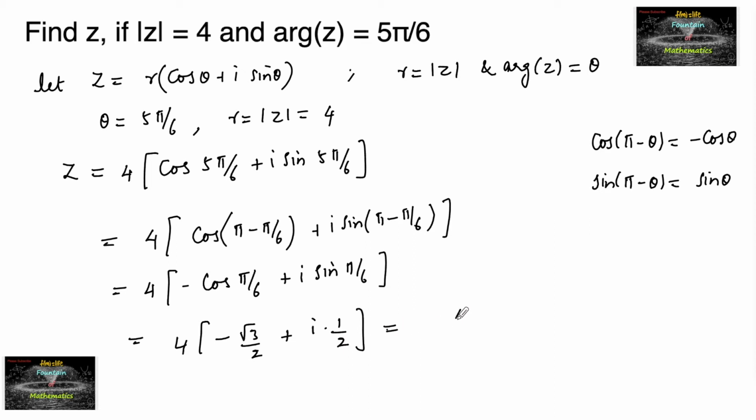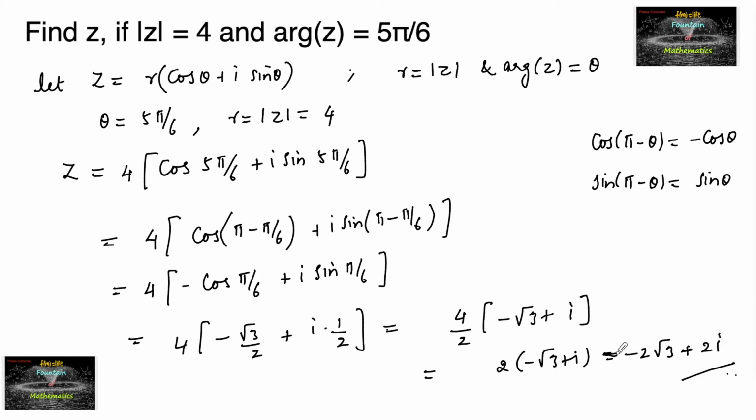So we can take out common 4 by 2 of (minus √3 plus i), that is 2 times of (minus √3 plus i), or we can also write it as minus 2√3 plus 2i. Minus 2√3 plus 2i is the answer. Okay, thank you.